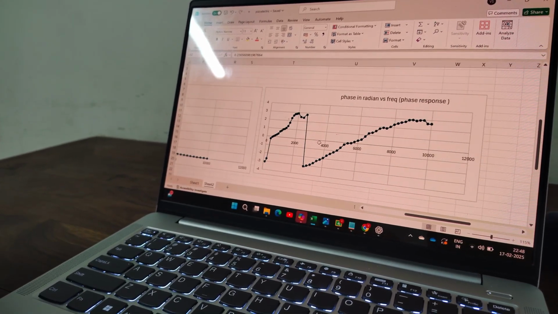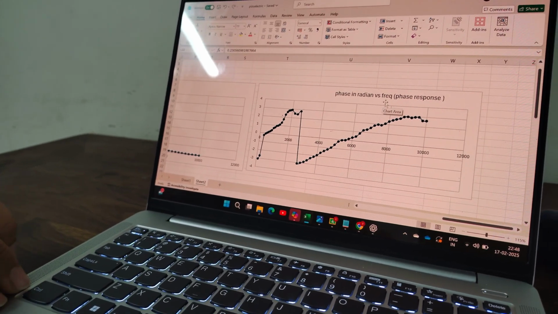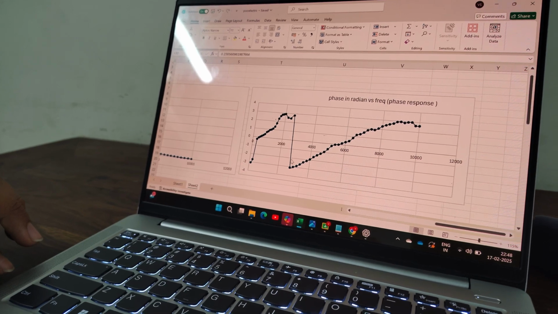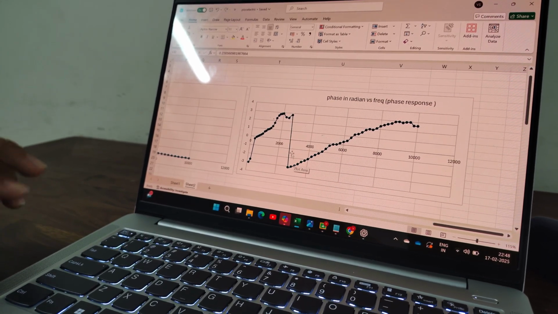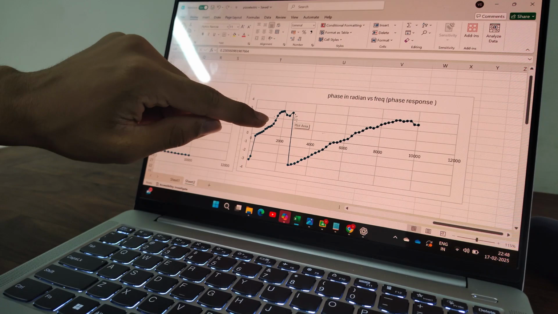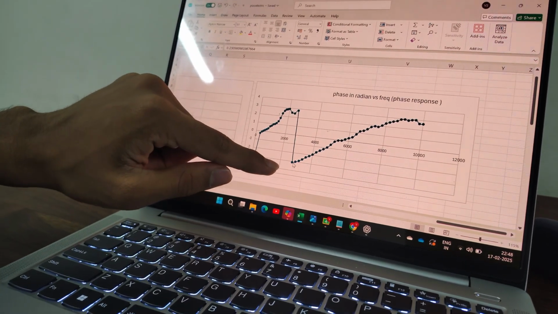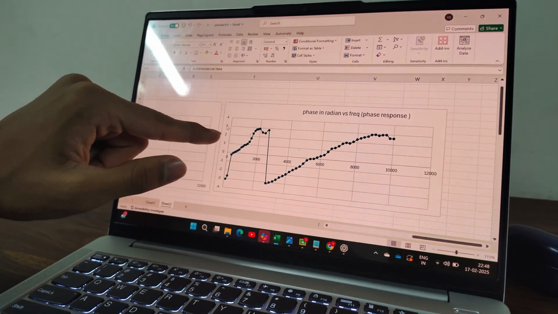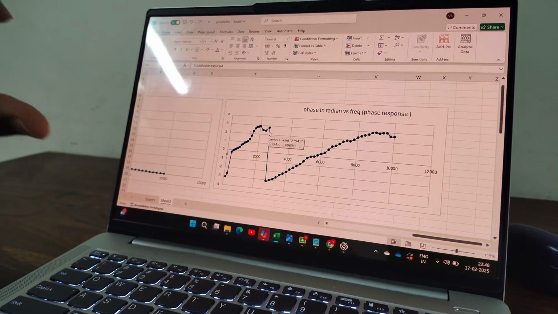And the second graph is phase in radian versus frequency, that is phase response. We plotted the phase in radian versus frequency. You can see that there is a sudden change in phase, that is around 3 radian.